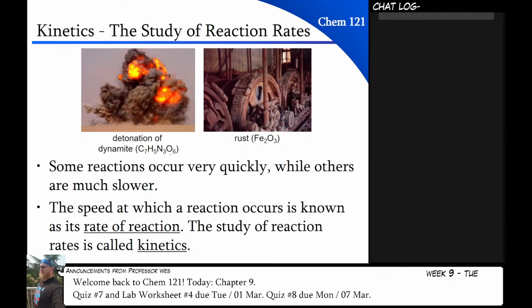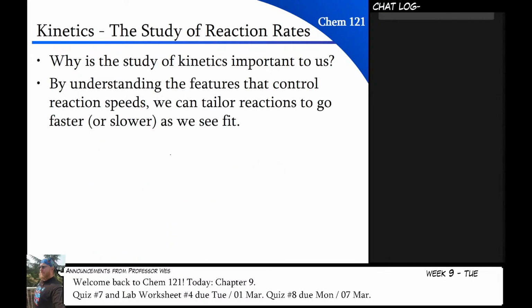So if we can control the speed at which a reaction goes, we can get beneficial effects out of it. And if we want it to do things like be explosive or cause destruction or whatever, we have those options. There are certain things we can control to affect the kinetics of the reaction.